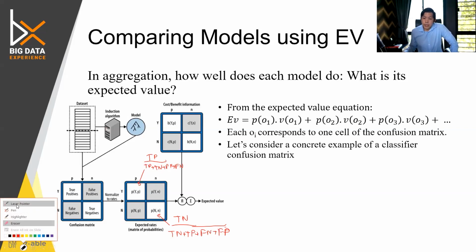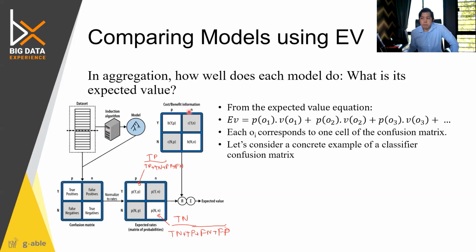And then we can multiply this matrix with the cost benefit. Suppose we target and then actually get the customer here, what would be the expected benefit? What would be the expected benefit if we have a true positive here, a true negative here?